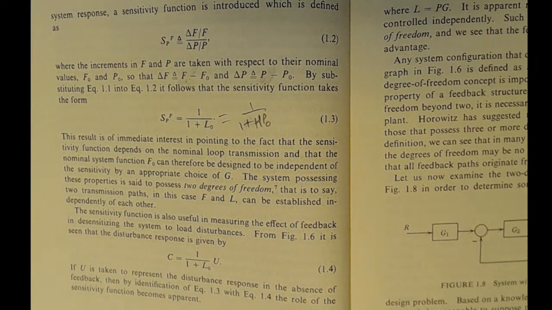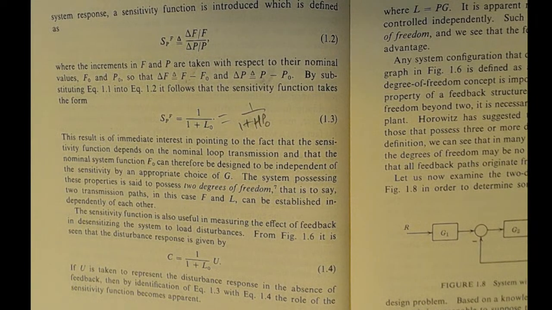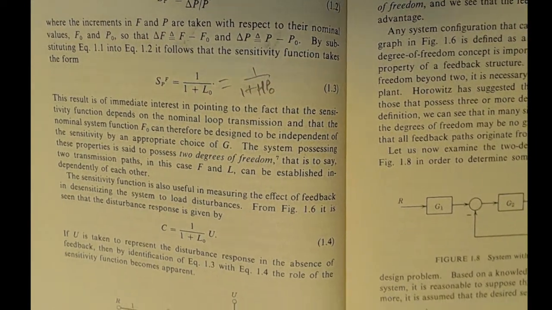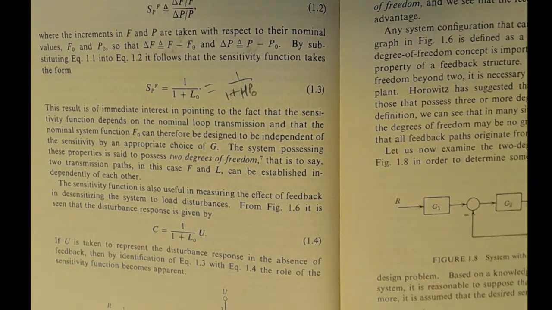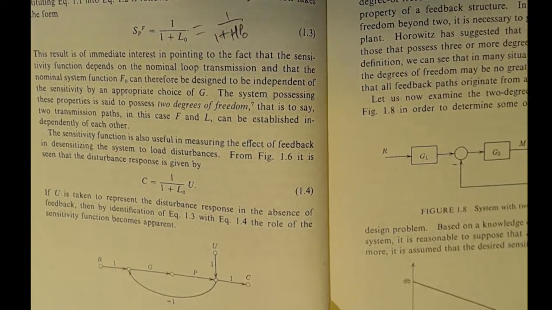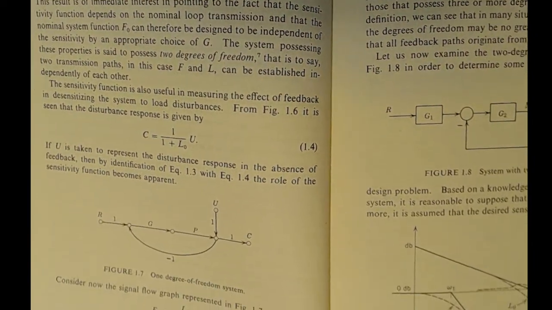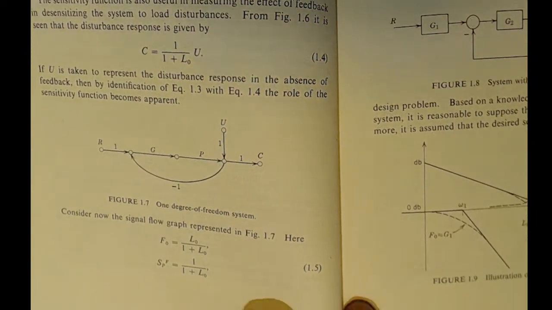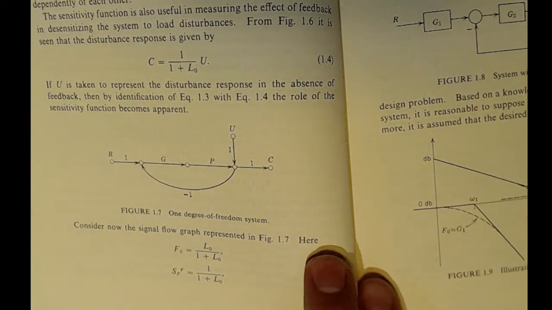By an appropriate choice of g? Oh, the role of the sensitivity function is going to become apparent, guys. I hope you're ready.